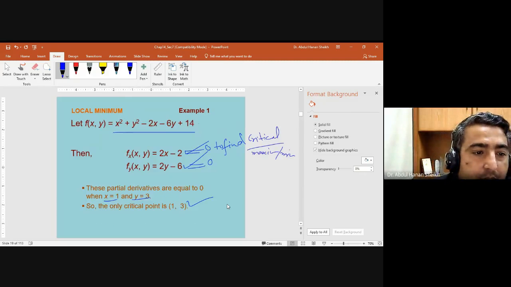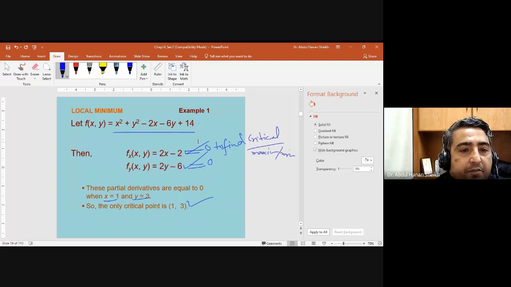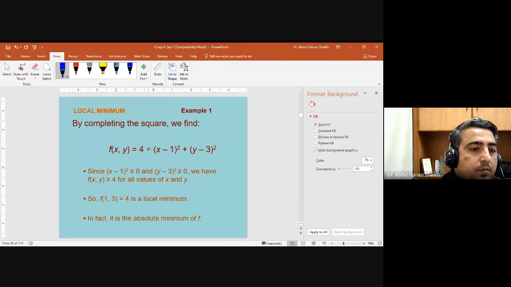Okay, so continuing this example, we have rewritten this function into this form to check if it is maxima or minima. Now this is always positive because of the square, and this 4 is greater than 0, so the function is always greater than 4.